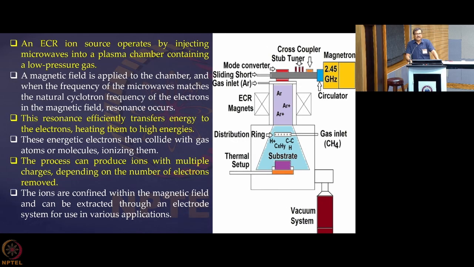Now, an ECR ion source operates by injecting microwaves into the plasma chamber containing a low pressure gas. So, this is the chamber where you inject the microwave using this magnetron device and the guides. It has a standard configuration like sliding short, mode converter, stub tuner, coupler.